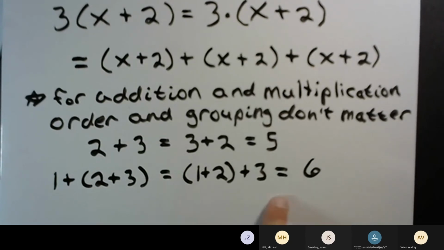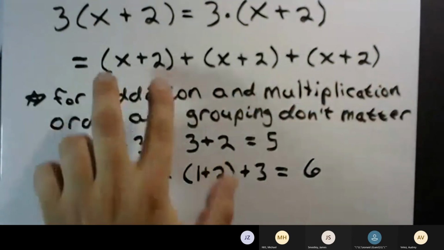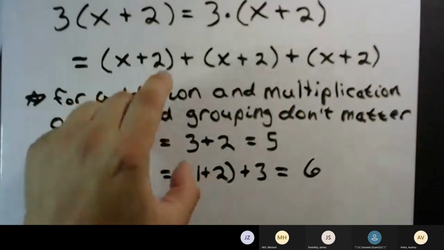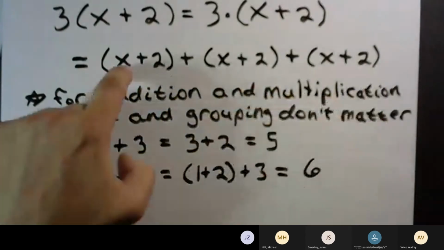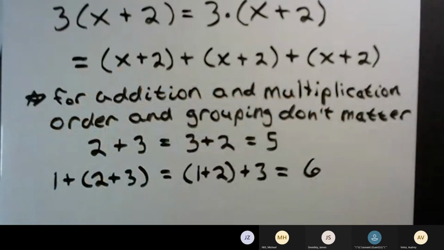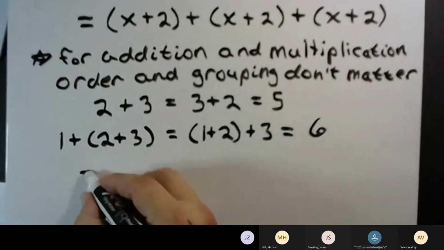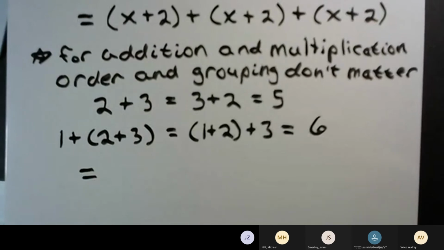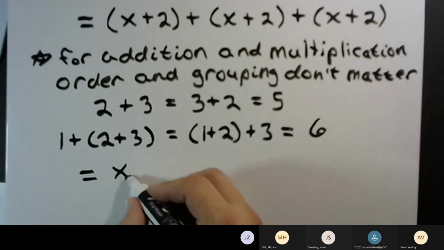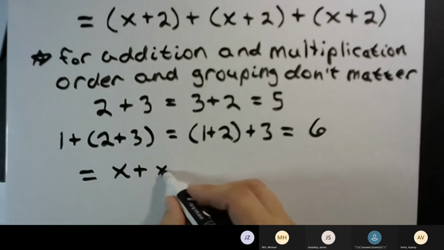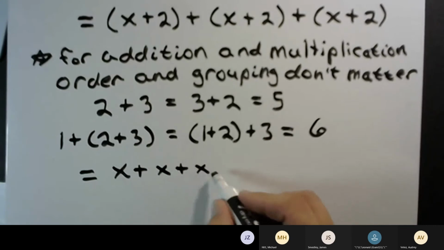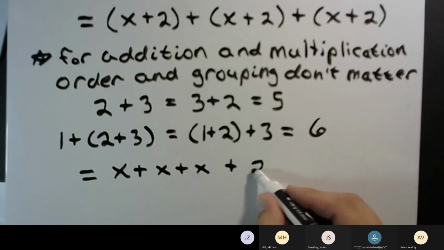Well, what this says here is these parentheses, because it doesn't matter if we do x plus 2 and then instead of doing 2 plus 2 plus 2 or x plus x plus x, we're going to get the same answer. So what this implies, since the order and the grouping doesn't matter for addition, we can just add the x's together and then add the 2's.